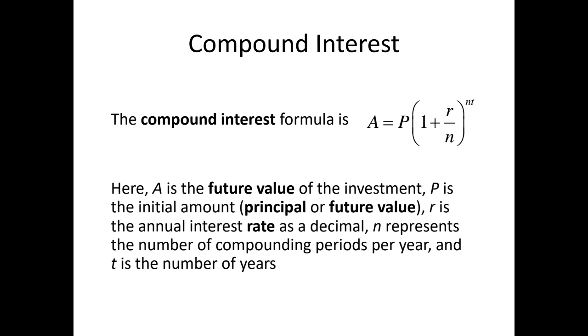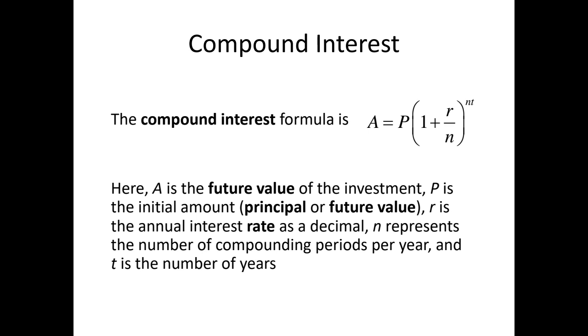Okay, r is referred to as our interest rate. Now, just like when you go shopping, every time that they give you a discount or a rate, it's always in a percentage. But since we're going to apply these percentages into a formula, make sure that the rate is represented as a decimal. Okay.